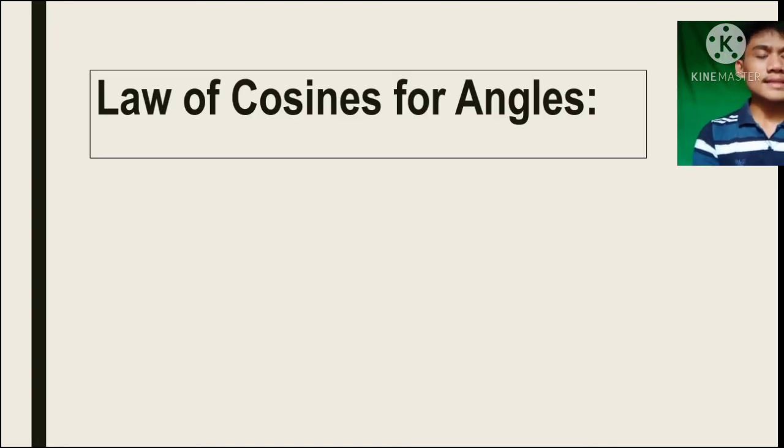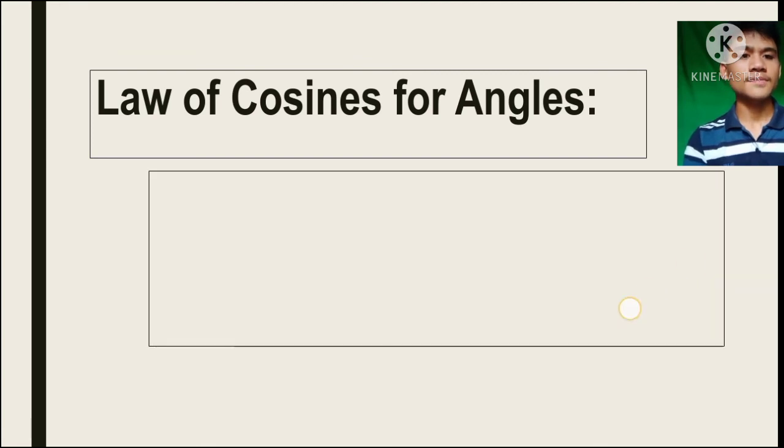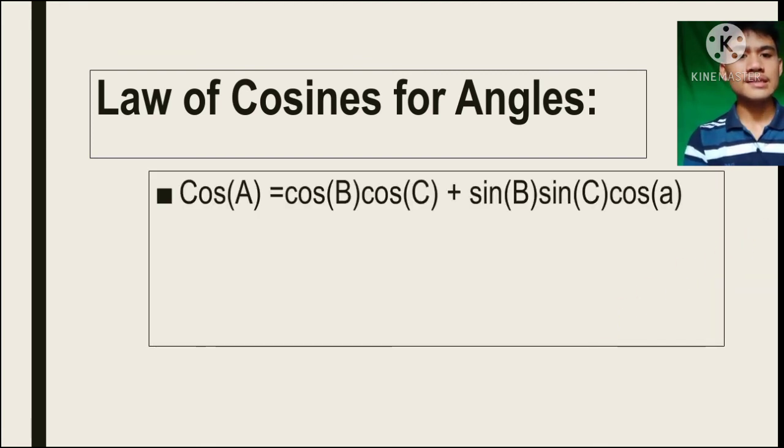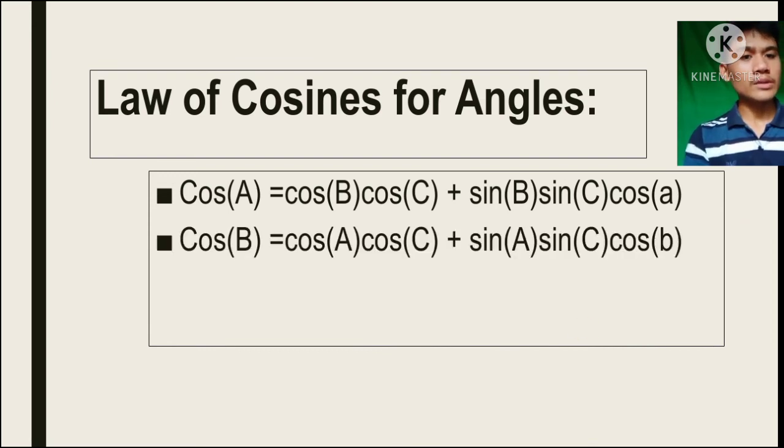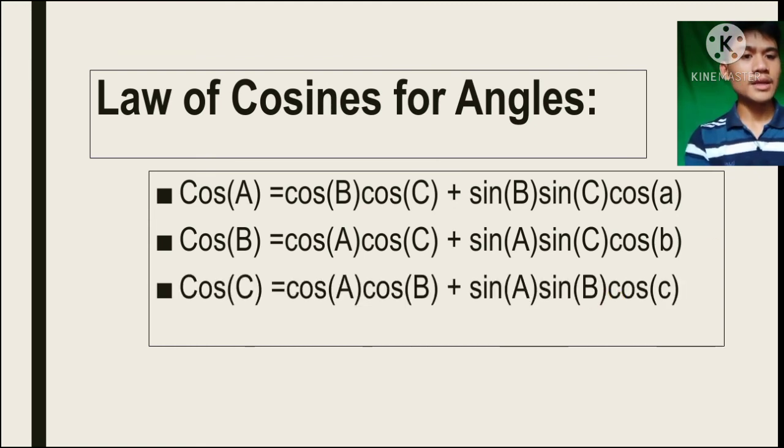So next is the law of cosines intended for angles. We have these given formulas. Cosine A is equal to negative cosine B cosine C plus sine B sine C cosine A. Cosine B is equal to negative cosine A cosine C plus sine A sine C cosine B. Cosine C is equal to negative cosine A cosine B plus sine A sine B cosine C. As you observe here, it is similar to the law of cosines intended for sides.